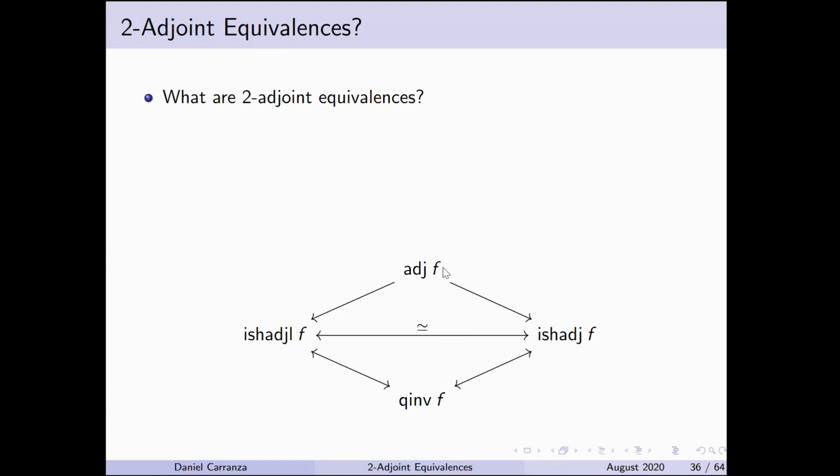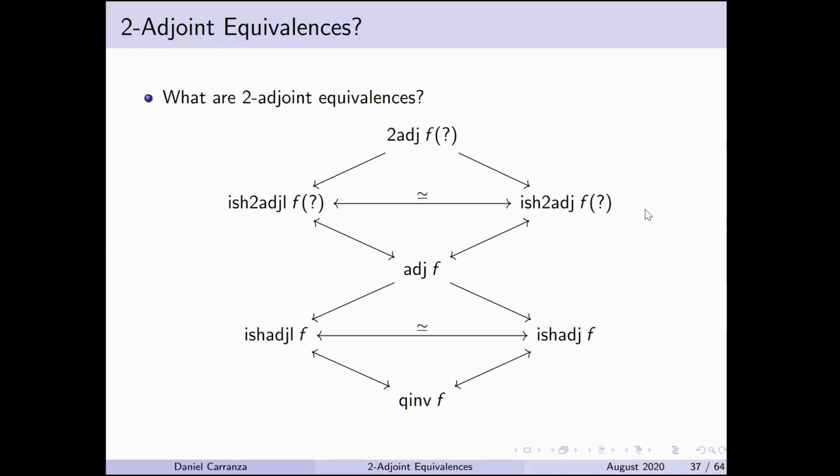So if we expect there to be a compatibility we can attach to full adjoints, mimicking the step from quasi-inverses to half-adjoint equivalences, we might expect a landscape that looks like this, right? We have a notion of some kind of half two-adjoint equivalence, which is a proposition, which attaches an additional coherence.